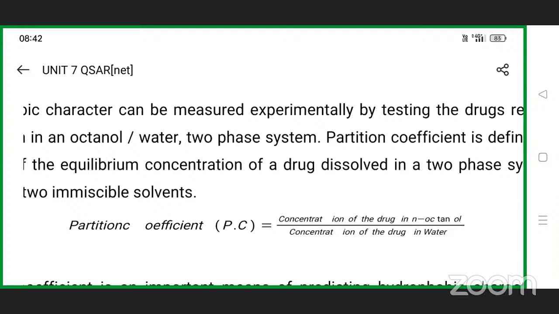So we check it as a ratio. We check the solubility properties in both different solvents, N-octanol and water. It is one of the good parameters which explains the absorption property of your drug compound.